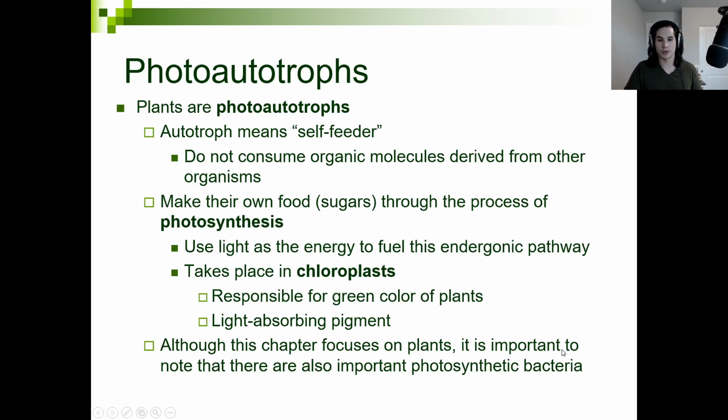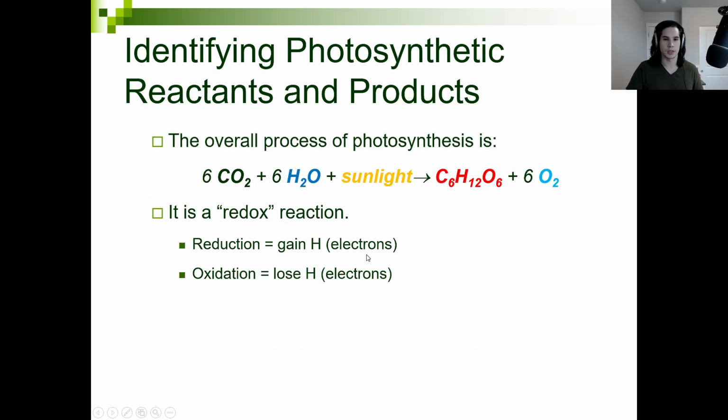Although this chapter focuses on plants, it's also important to note that other organisms such as bacteria can also photosynthesize. Okay, so when we went over cellular respiration, we started off with sugar, C6H12O6, and we added some oxygen into the mix, plus 6O2.